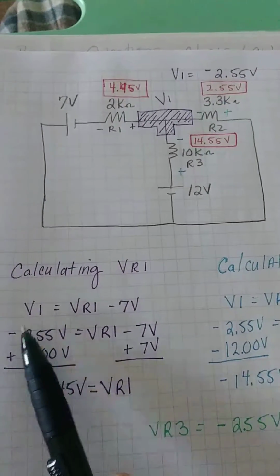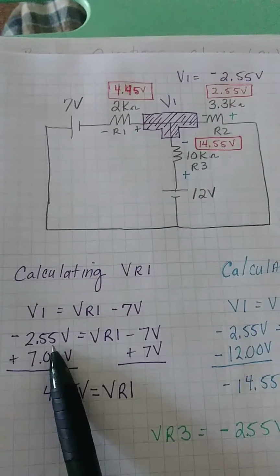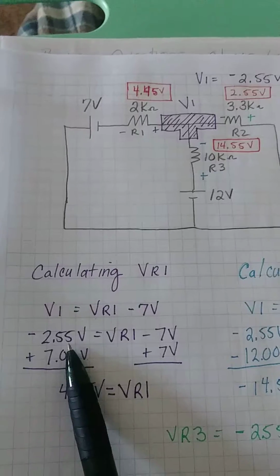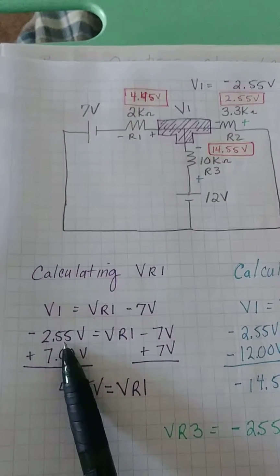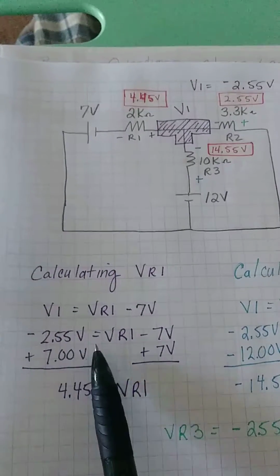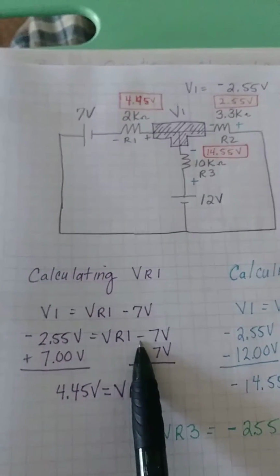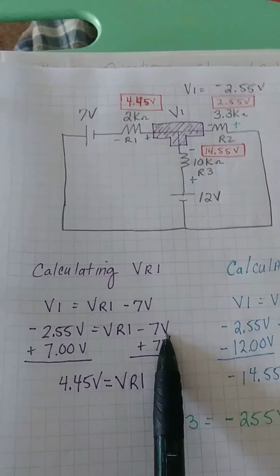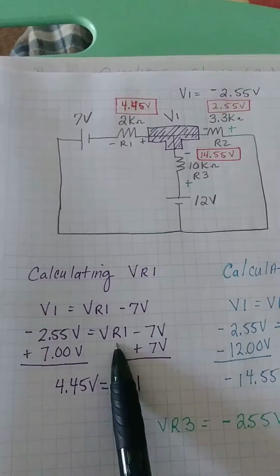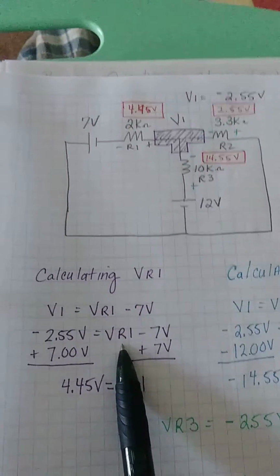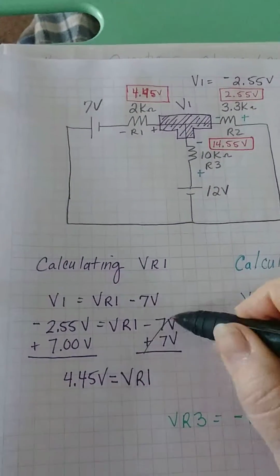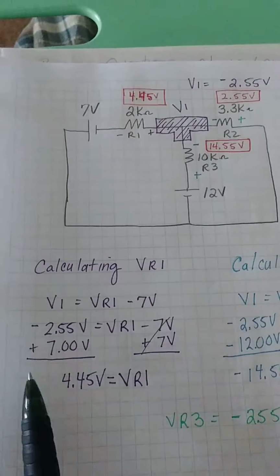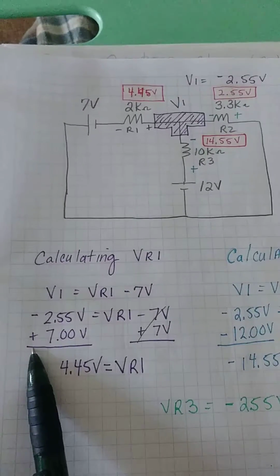So we know that V1 is negative 2.55 volts. So we plug V1 in, we substitute it for what we know. So basically all I did was negative 2.55 equals VR1 minus 7 volts. We want to solve for VR1, so we have to get it by itself. So we add 7 volts on this side to get rid of it here, and we add 7 volts on this side.